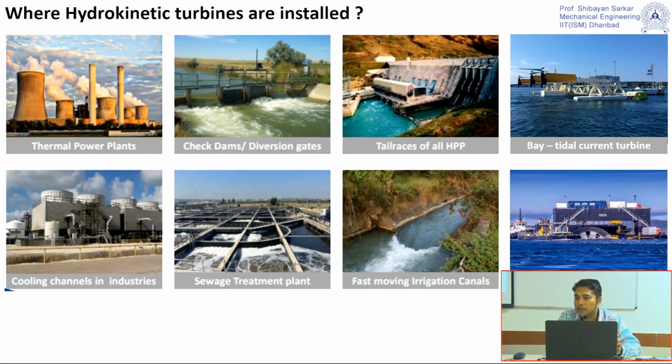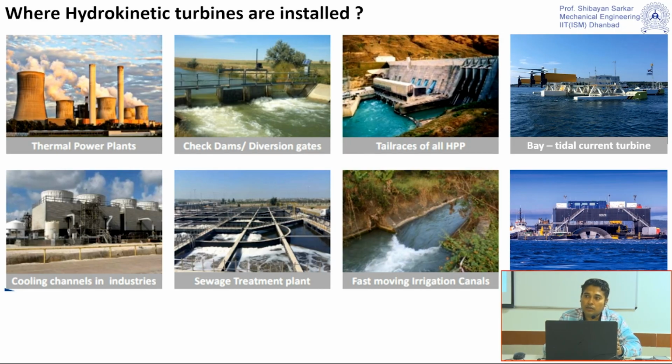Tidal current turbine, in tidal current, during the tide, you may get 5 meter per second of velocity of the water in the channel or in a canal or in the connection between your river and the sea. There, up to almost 5 meter per second. So there you can install this type of hydrokinetic turbine.